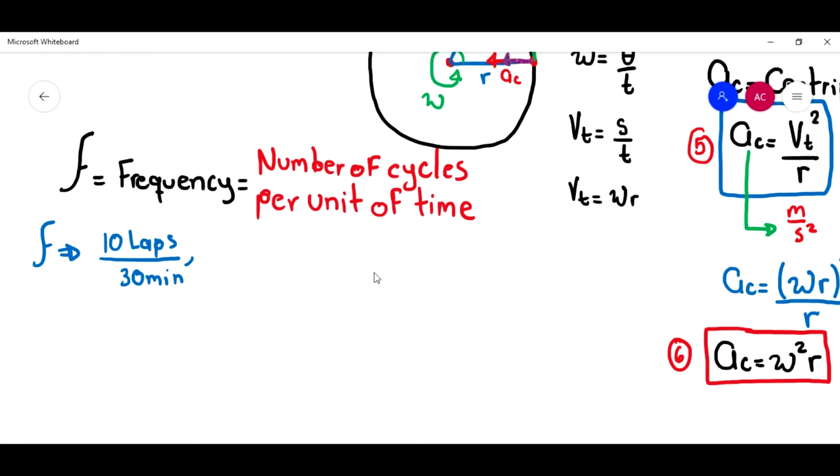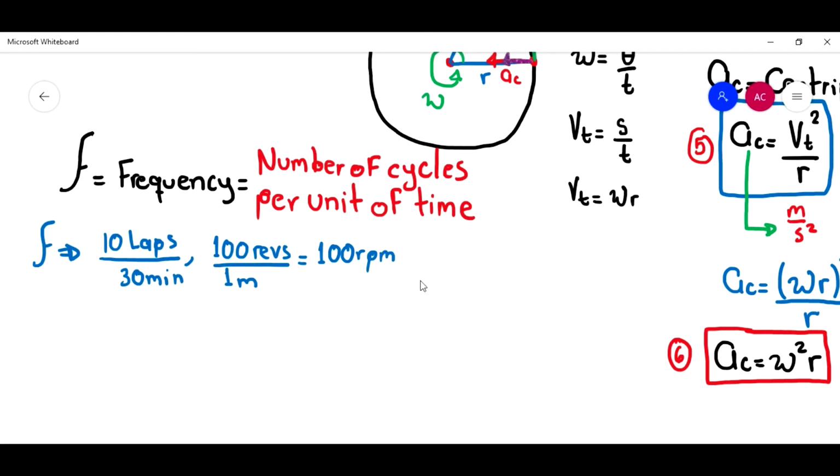Well, I can have 100 revs in 1 minute. Okay, and this is equal to 100 RPMs. Remember the car dashboard, the speed or the revolutions of the motor.